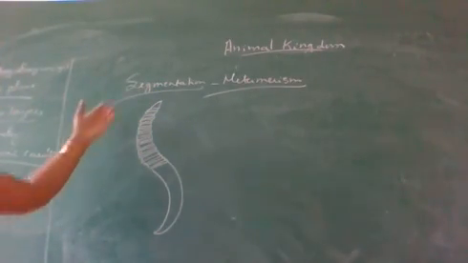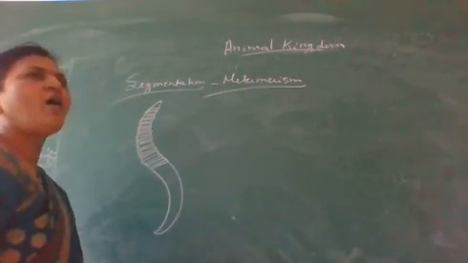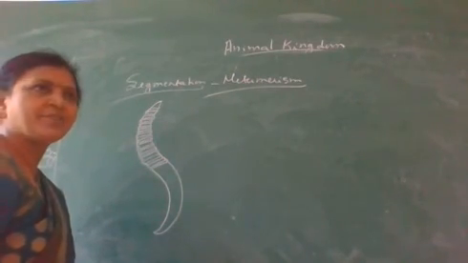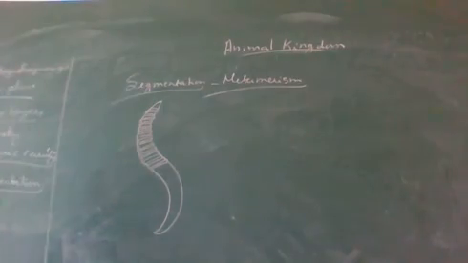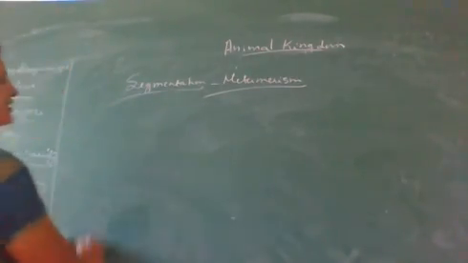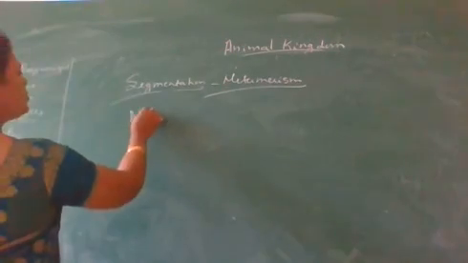Arthropoda, Annelida, and others show metamerism or segmentation. So based on segmentation we can classify segmented and unsegmented animals. Then there is notochord.